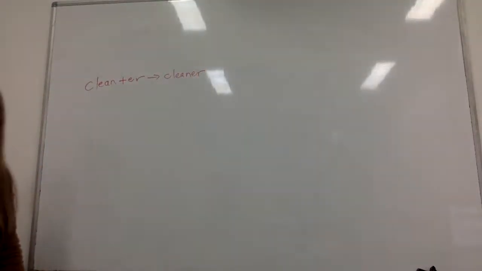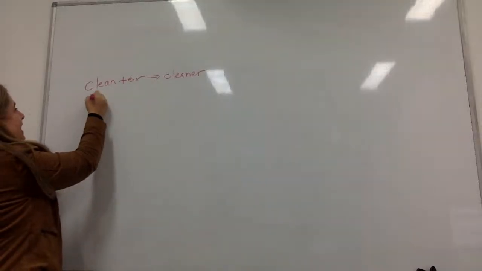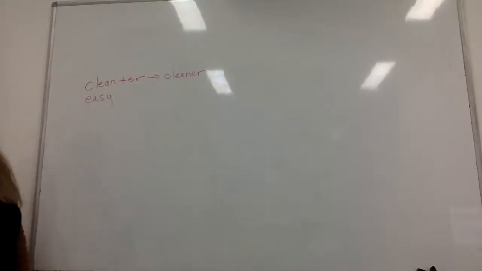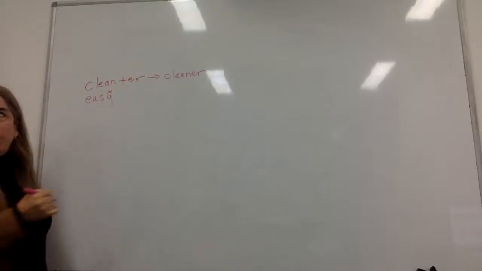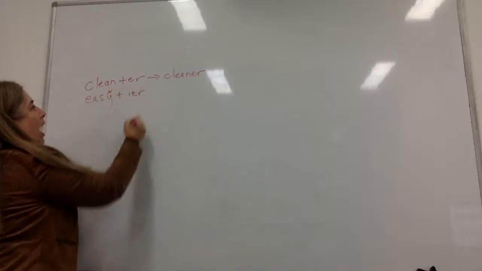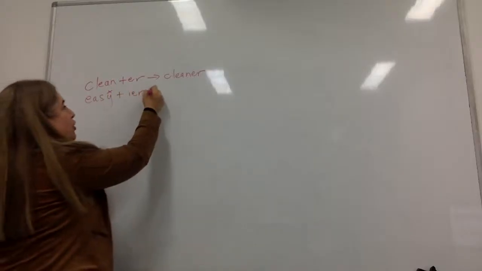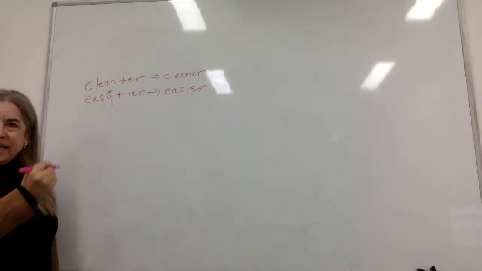So I don't say more clean. Cleaner. If I have the word, for example, easy. Yes? So now I'm going to eliminate the Y, yes? And I'm going to add IER. And so now I say it's easier.